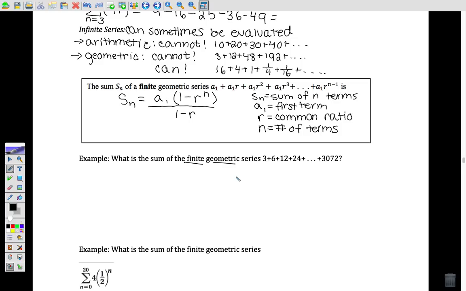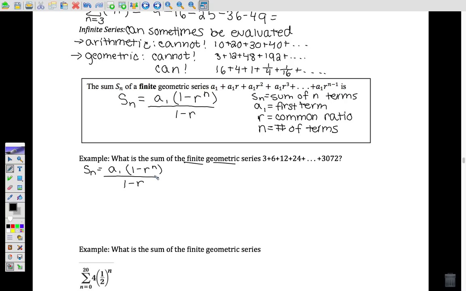So if we look at this, 3 plus 6 plus 12 plus 24, we're going to keep adding until we get to the term 3072. The first thing to notice, if we want to use this formula, S sub n is the first term times 1 minus the common ratio to the n all over 1 minus r.